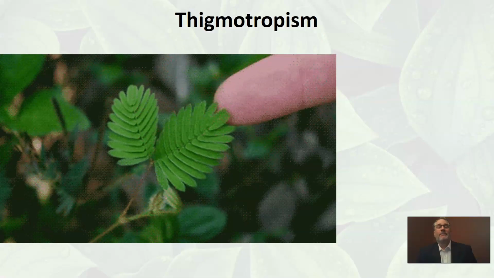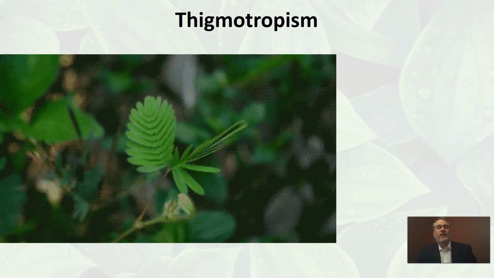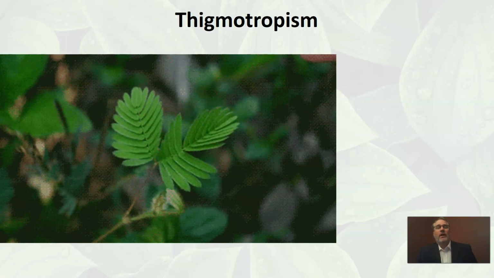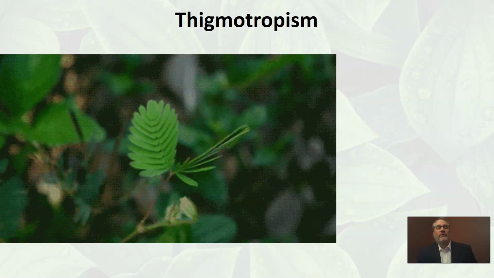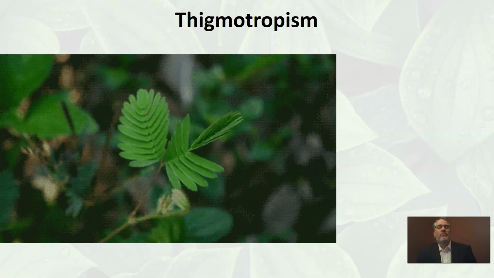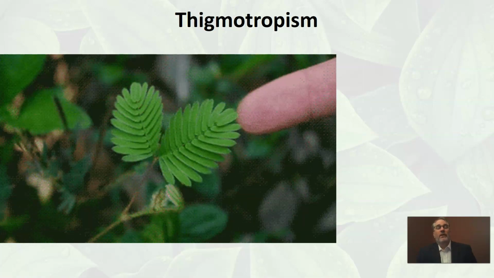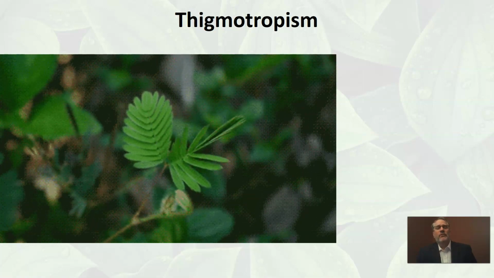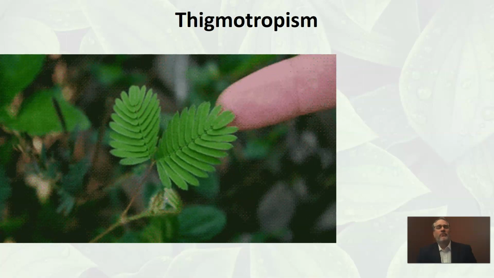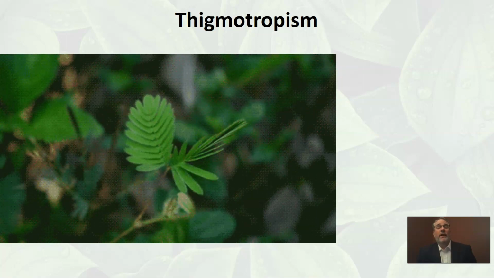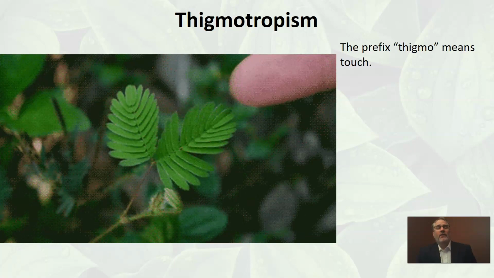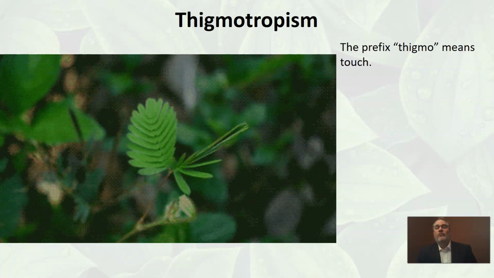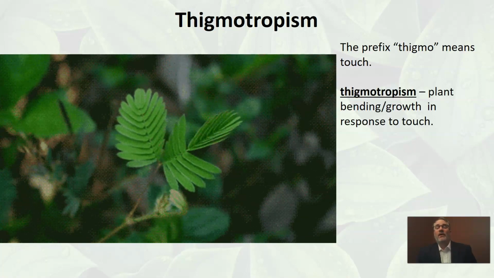Okay? All right. So thigmotropism. Thigmotropism does not happen in all plants. This is a local plant that you may have seen outside before. This is something called mimosa. You can see that when this mimosa plant is touched, and this is not slowed down, the leaves will actually close off. The prefix thigmo means touch.